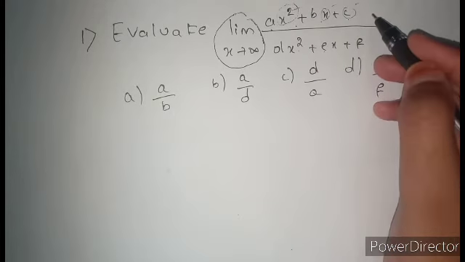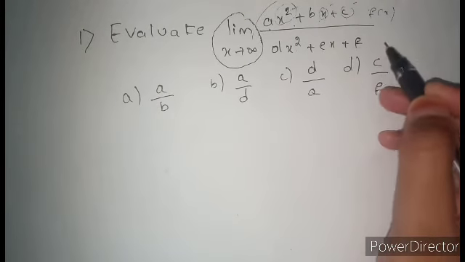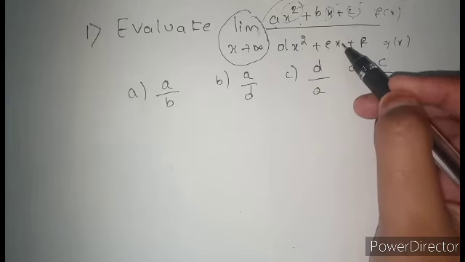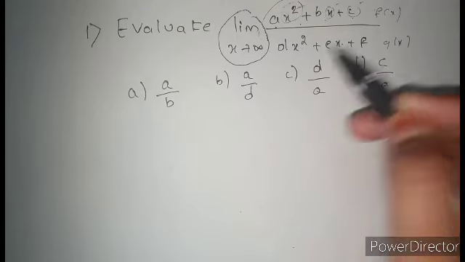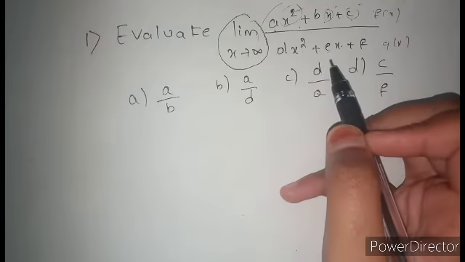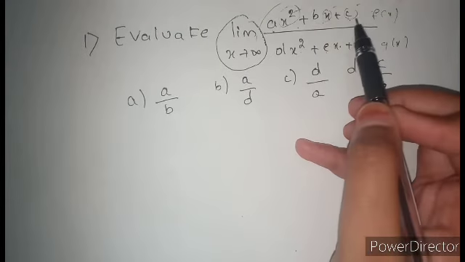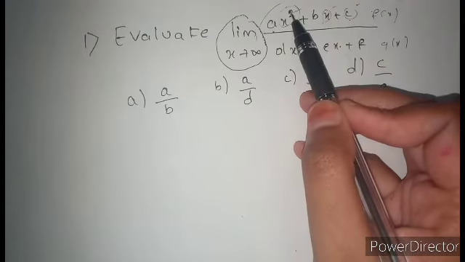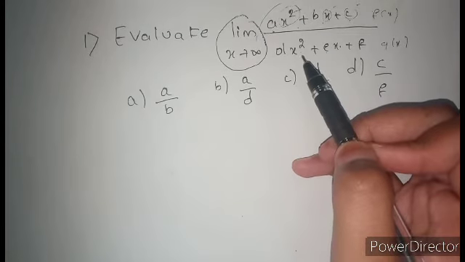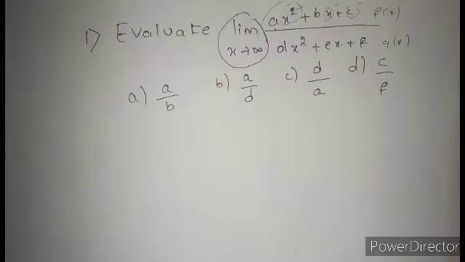So this is a function f of x and this is a function g of x, of the form f of x by g of x, and a, b, c, d, e, f are constants here. So f of x and g of x here are algebraic functions, okay? So now we have to apply the trick, okay?